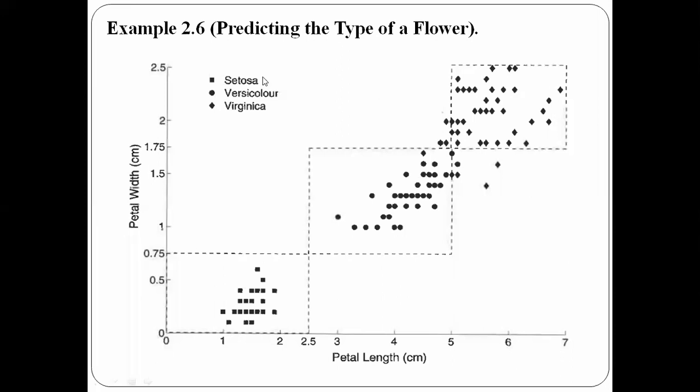We have three different species of iris flower: setosa, versicolor, and virginica. These are the three different kinds of iris flowers. If you have any of the flowers, I want to determine to which species it belongs.